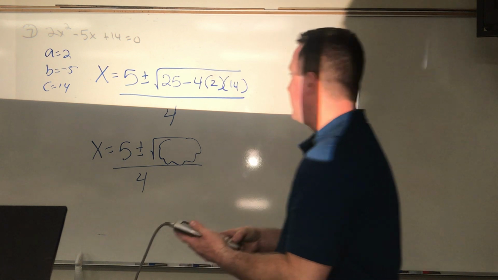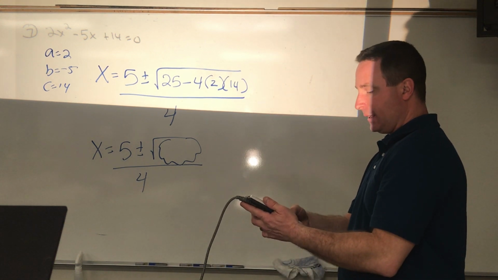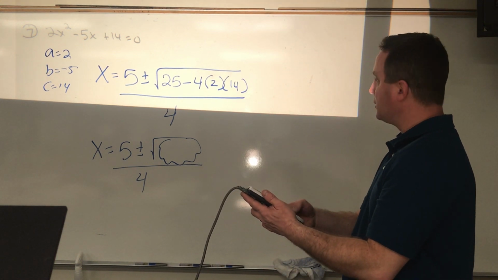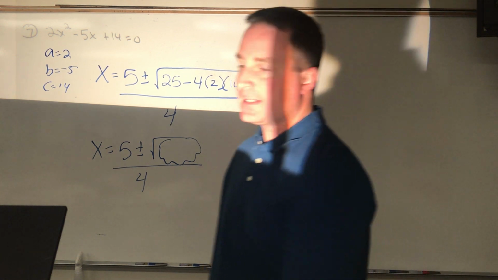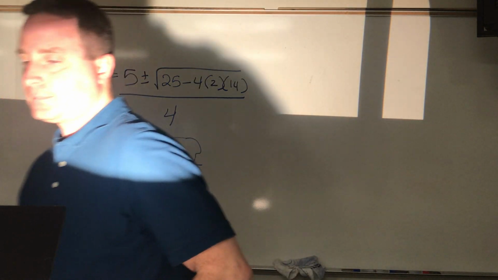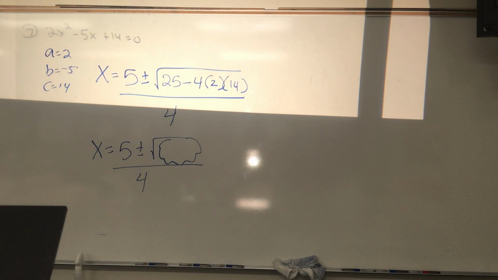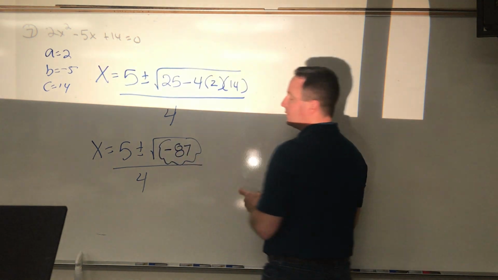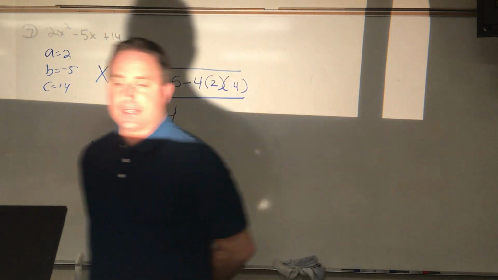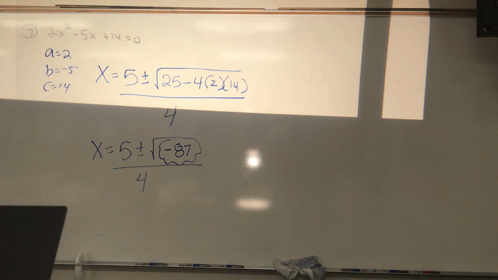What number do I get if I do, grab my calculator, 25 minus 4 times 2 times 14? I get negative 87. Okay, well that's not the nicest looking number in the world.